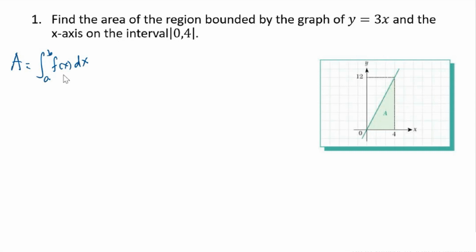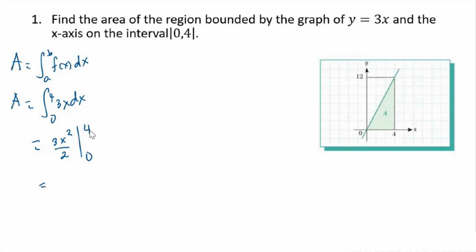Writing the given, A is equal to the integral of, since f of x is just y equals 3x, 3x dx evaluated from 0 to 4. So I integrate it first. The integral of 3x dx is equal to 3x squared over 2, evaluated from 0 to 4.